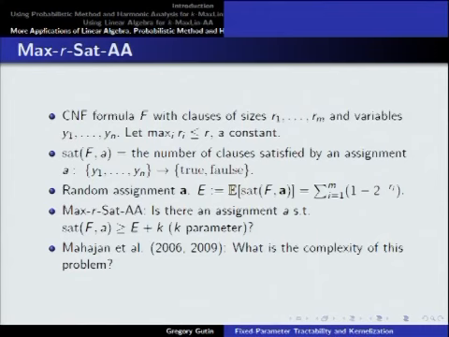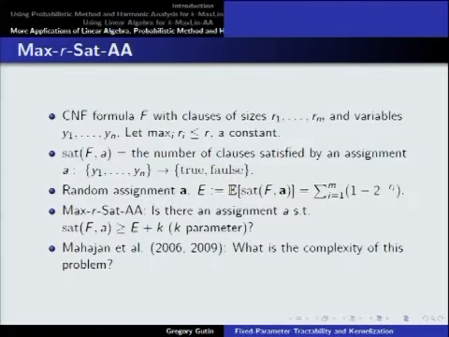And sat f of A is the number of clauses satisfied by an assignment A. And then basically for a random assignment, the expectation of the number of satisfied clauses is the sum over terms 1 minus 2 to the power of minus ri. And so a natural question is whether we can satisfy more than the expected number, more than the average number of clauses. And again, Mahajan and others asked about the complexity of that problem.